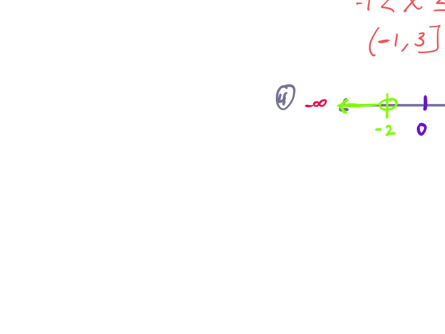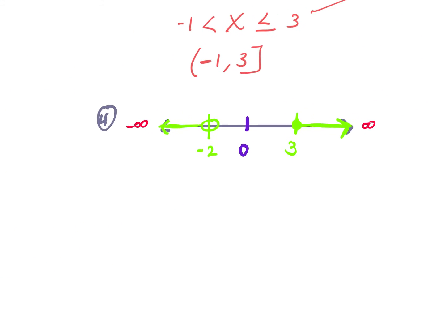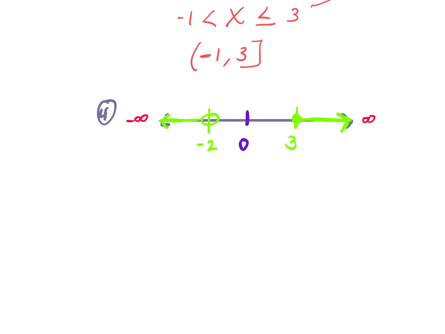Look at the last one. This one's tricky. What's the left side of the inequality say? X is less than negative 2. And what's the right say? X is greater than or equal to 3. All right, there's a gap here in the middle.